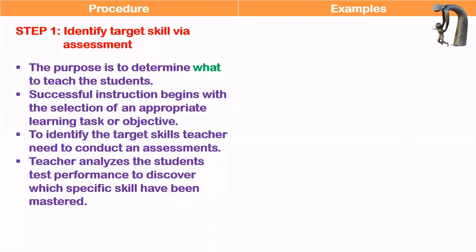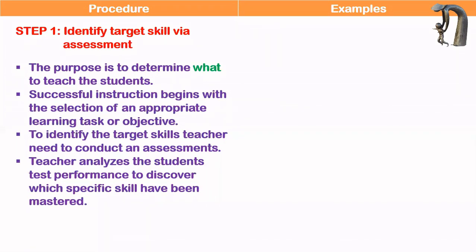See, successful instruction begins only with the selection of an appropriate learning task or objective. To identify this target skill, the objective, what you're going to teach, you need to do an assessment. The teacher needs to conduct an assessment. The special educator needs to do some sort of screening to understand where my child stands, what my child's level is, what my child's baseline is.